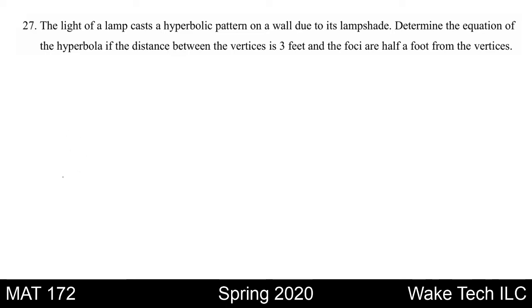Right away we have this lamp, and I'm not going to pretend to be able to draw a lamp, so I'm going to draw something like that. The lampshade causes this hyperbolic pattern on a wall. Something like that. Determine the equation of the hyperbola if the distance between the vertices, so vertices being here and here, is 3 feet, and the foci are half a foot from the vertices.